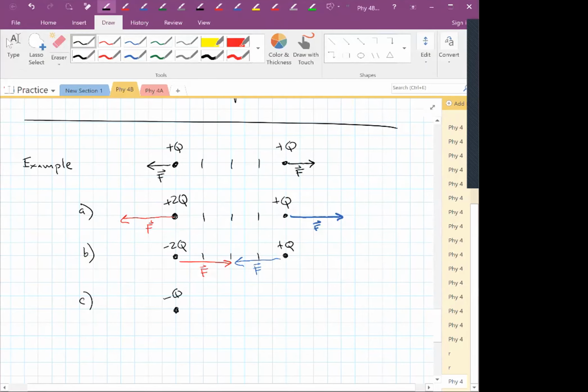We'll have minus q over here, same spacing, and plus 2q over here.